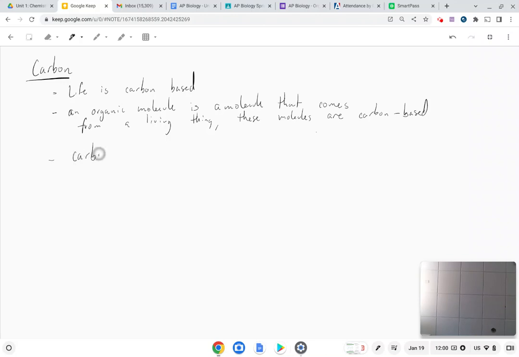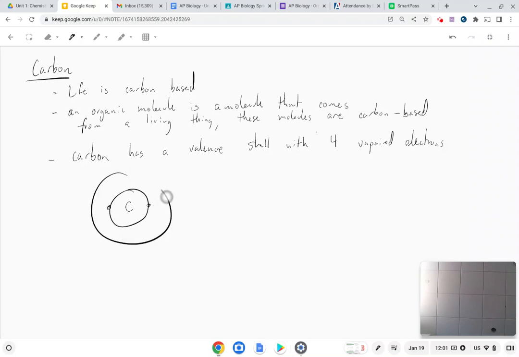All right, so the reason for that, carbon is very versatile. So carbon has a valence shell with 4 unpaired electrons. And we're going to draw that real quick. So that would look like this, where the inner shell has 2, and then the outer shell has 4 lone electrons.